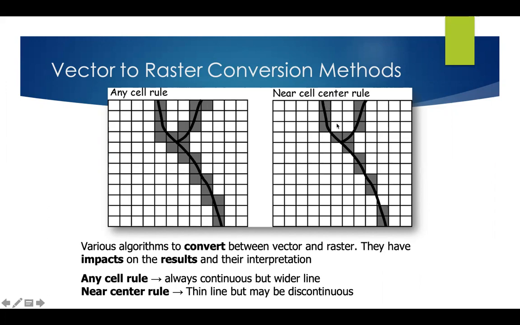In the case of this linear feature, the any cell rule leads to a continuous and connected line, but it will be much wider, while the near center rule may lead to a disconnected line like here, and it's also much thinner. Ultimately, no matter what, you lose a little bit when you convert in either direction.